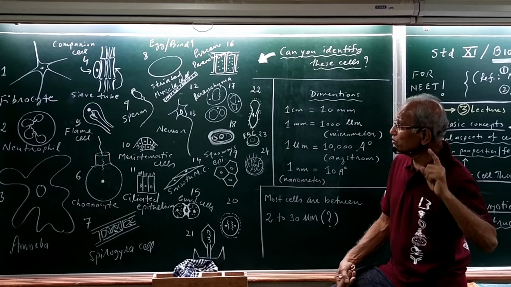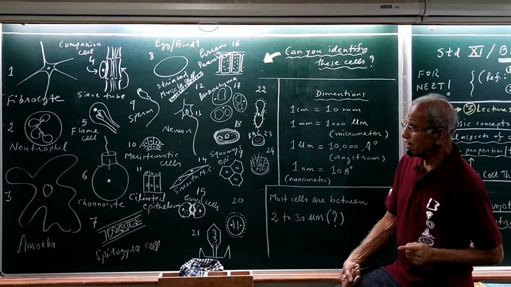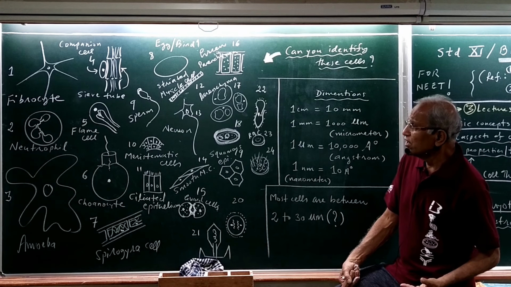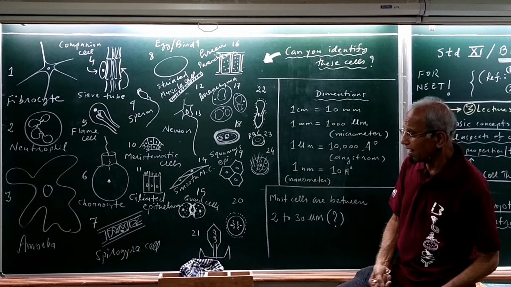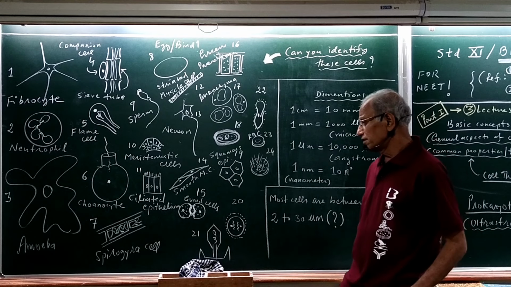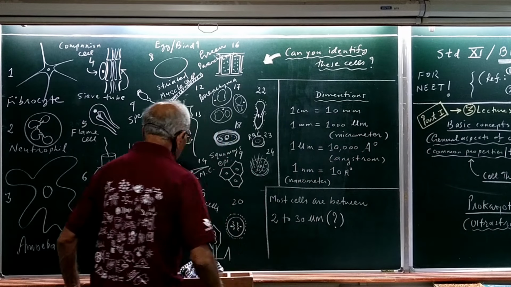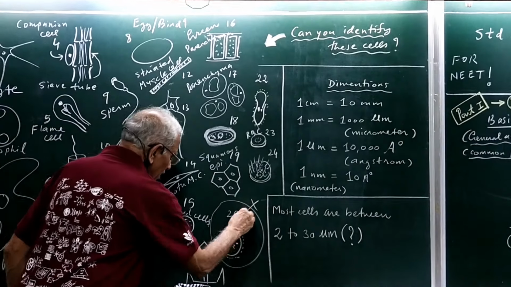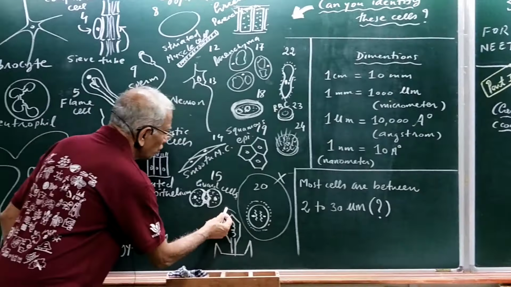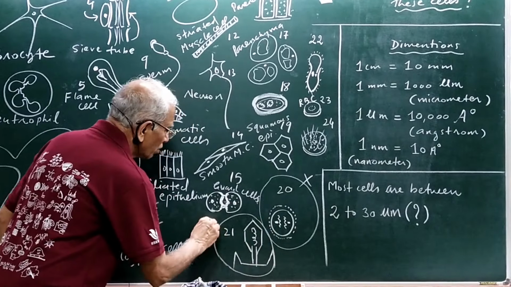Out of these 22 structures, please try to identify, out of the remaining which are left, which are not cells. This is not a cell, and this is also not a cell.